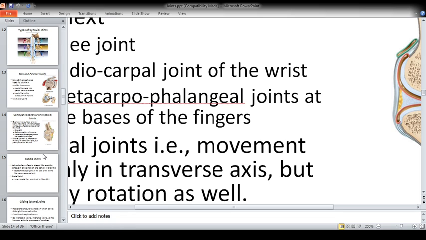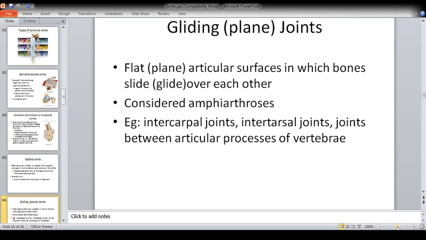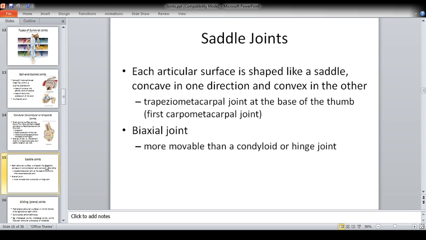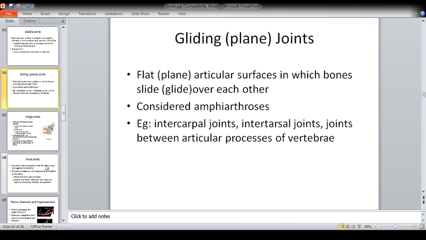Okay, the next is the gliding joint. Okay, so let's finish the joints. The gliding or plane joints are where a flat, plane surface of a bone makes a joint with the flat surface of another bone.